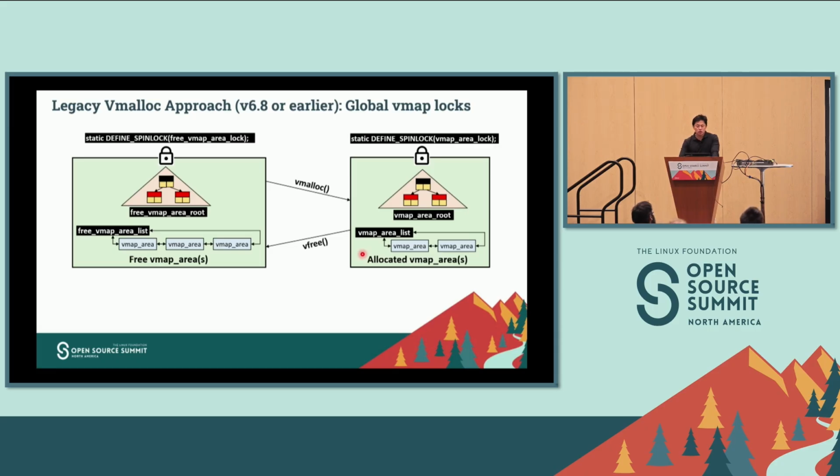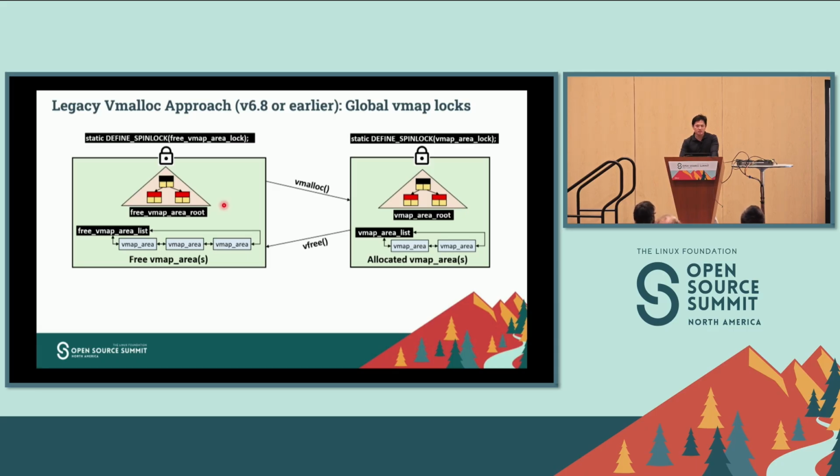When accessing the shared data in each space, it requires the corresponding spin lock, as shown here: the vmap area lock and the free vmap area lock. When a new allocation is made using Vmalloc, the kernel scans the free vmap area tree to find a suitable range.